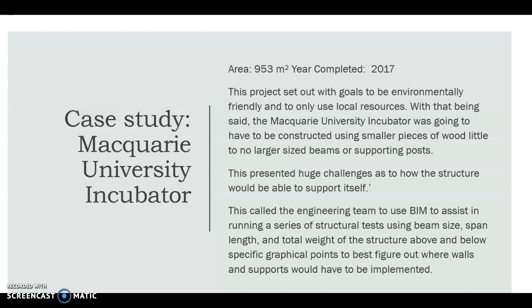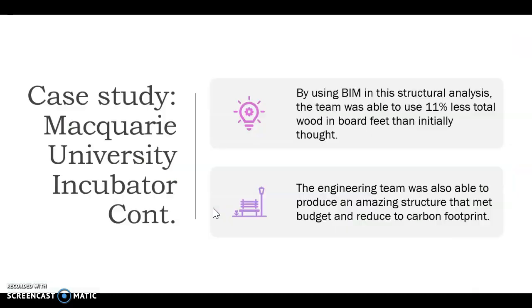Luckily, BIM has introduced a number of different static and dynamic engineering calculation load capabilities, and this allowed the engineering team to use BIM to assist in running a series of structural tests using beam size, span length, and total weight of the structure above and below specific graphically selected points in the BIM model to figure out where the wall supports and other beams should be implemented and what size they need to be as well.